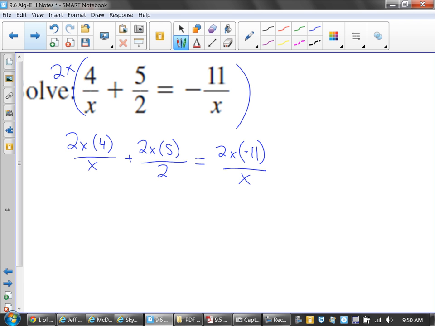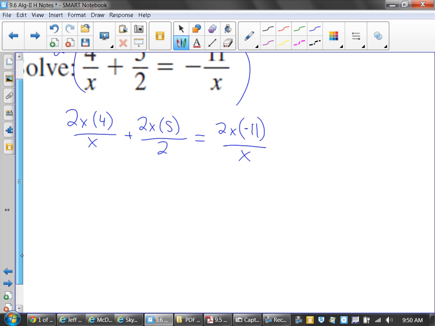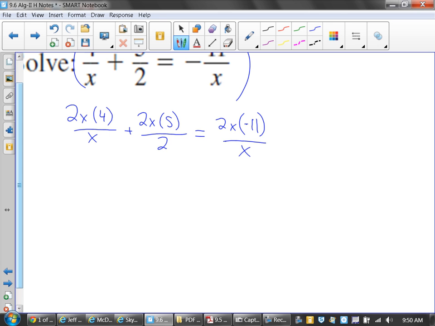Each one of those singular terms now can be simplified. Everybody see that? In the first term, I have x over x. What happens? They drop out. So what's 2 times 4? 8. In the second group, what drops out? The 2's. Good. So what do I have? 5x. In the last one, what drops out? What are you left with? And there's your equation.